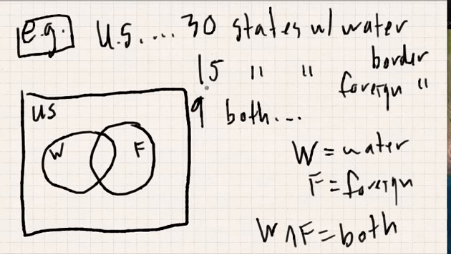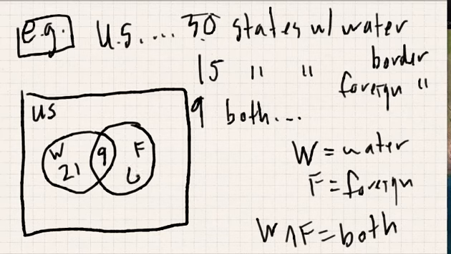Now, to help me count things, I'm going to write a 9 in here to indicate that there are 9 states with a water and foreign border. This piece right here represents those which only have a water border. Since there are 30 total that have a water border, 30 minus 9 gives me 21 which only have a water border.